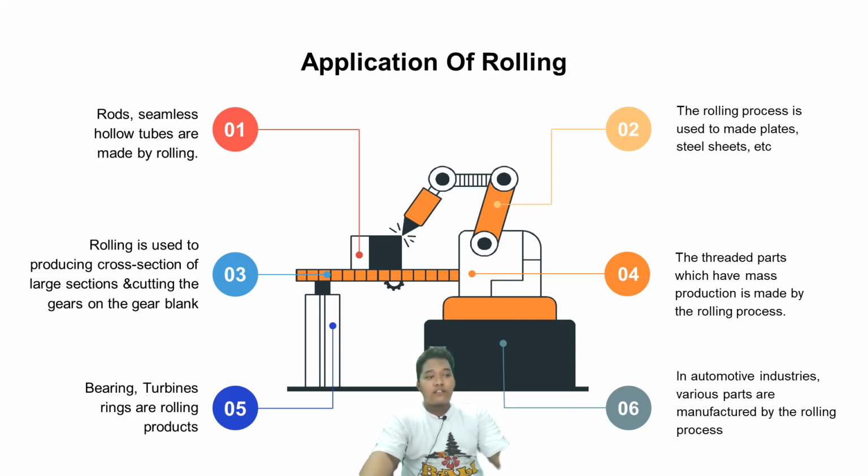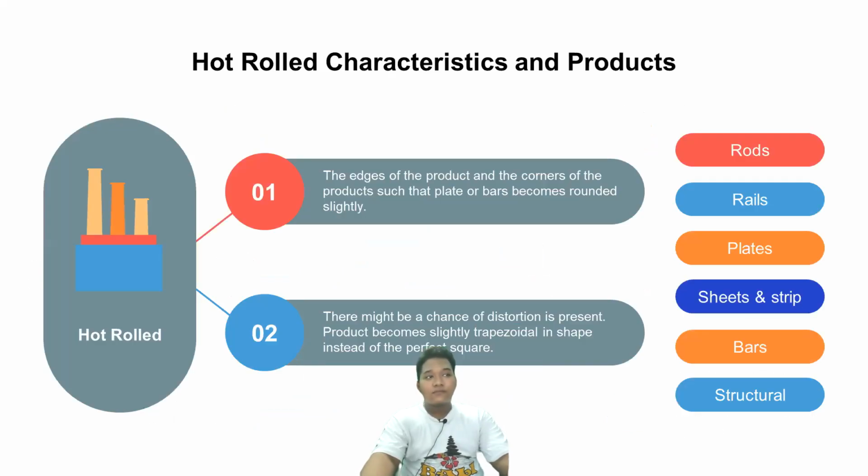The next applications of rolling process are bearings and turbines. They also use rolling process. In automotive industries, rolling process is also used to make a lot of parts.